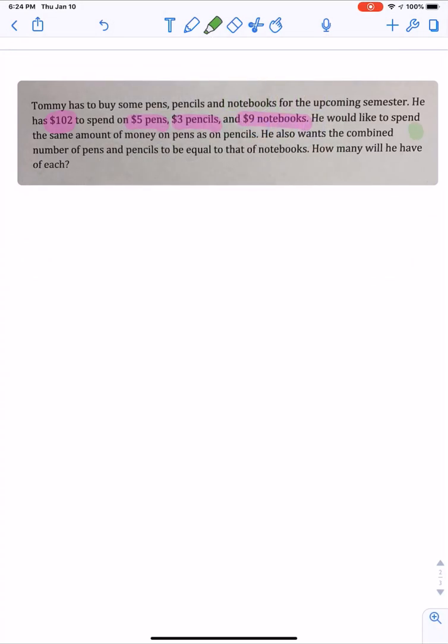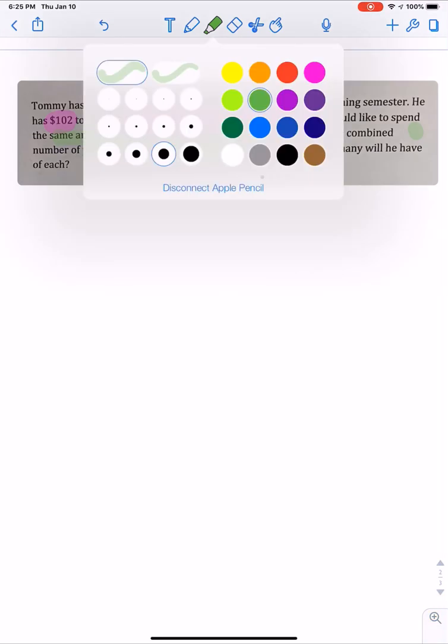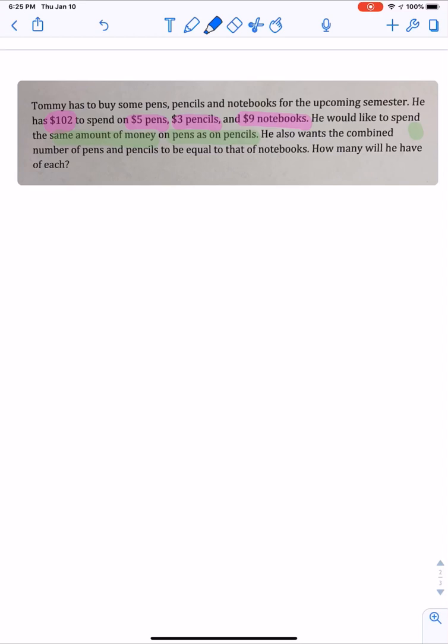He would like to spend the same amount of money on pens as pencils. He also wants the combined number of pens and pencils to equal that of the notebooks. How many will he have of each?